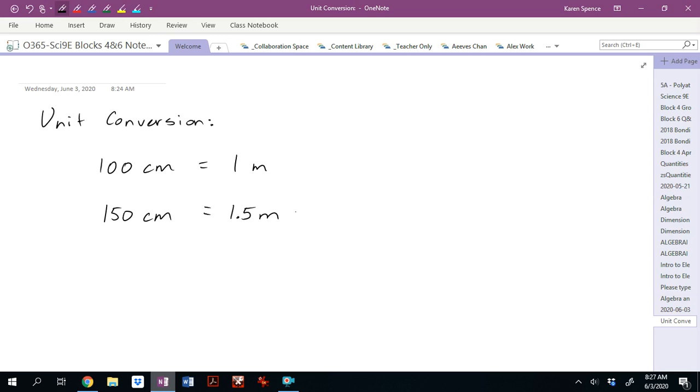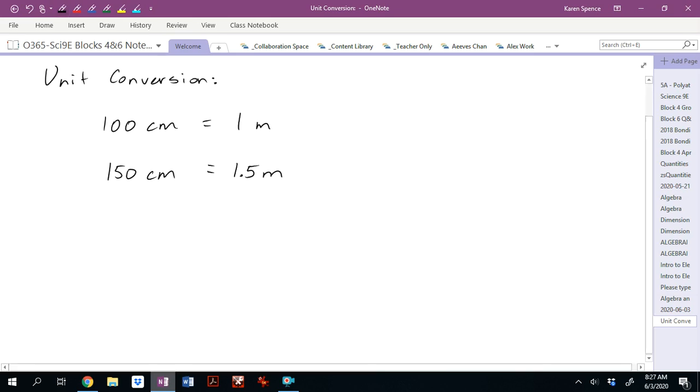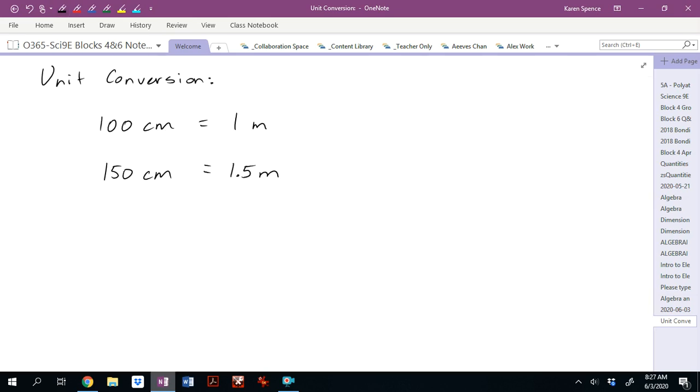Now, these are things we can do in our head because a conversion of 100 to 1 is pretty straightforward. Things get more complicated when we have inches and feet, where the conversion is there are 12 inches per 1 foot. And so what I'm going to do today is show you a method that allows us to do this conversion even when the numbers are a little more complicated and not as intuitive.